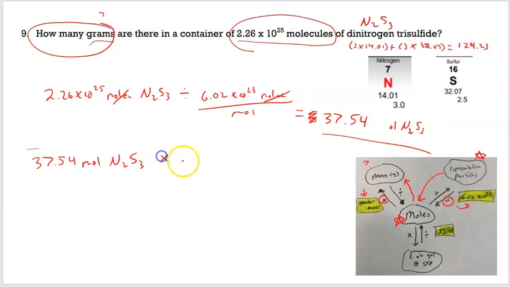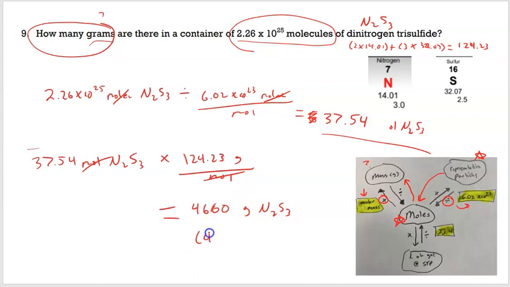All right, so this is going to be times 124.23 grams per mole. And I should get a final value of 4,660 if I round to 3 sig figs, grams of N2S3, or 4.66 times 10 to the third grams N2S3 if I wanted to do scientific notation.